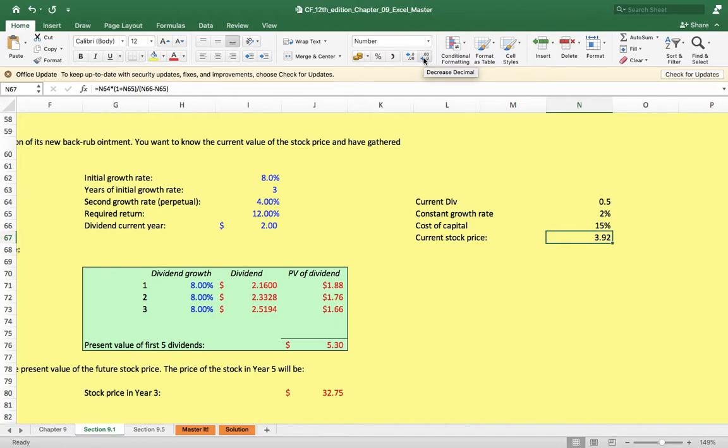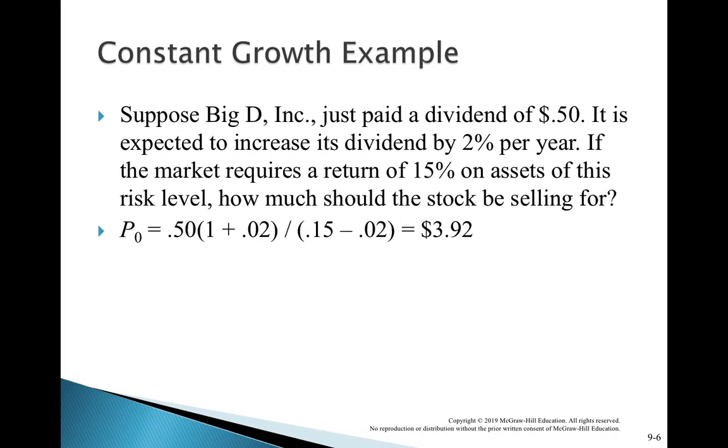What are the two situations we have seen now? One is no growth, that is perpetuity, cash flow divided by cost of capital. The second case is constant growth. For example, dividend paid is 50 cents, growth rate is 2% forever, cost of capital is 15%.